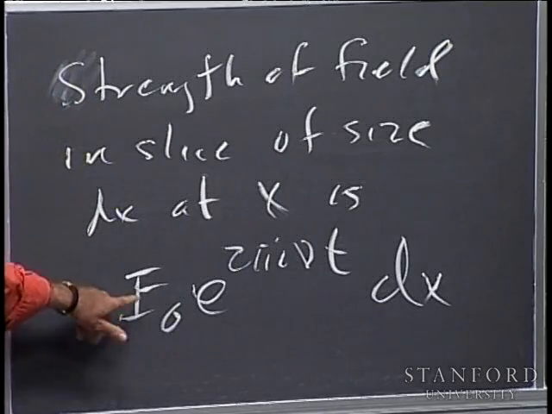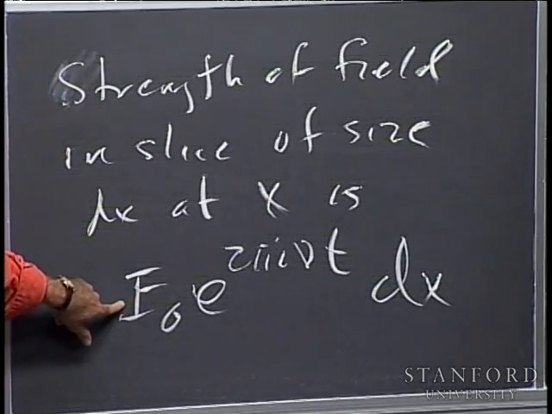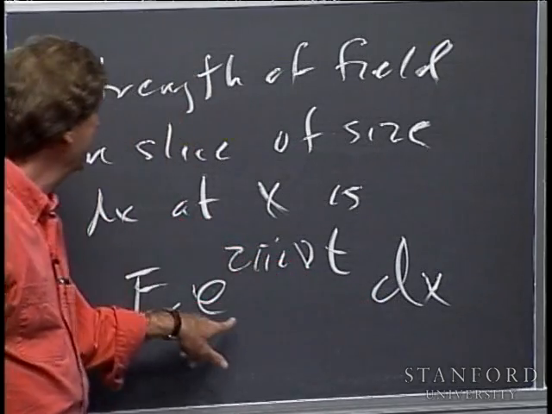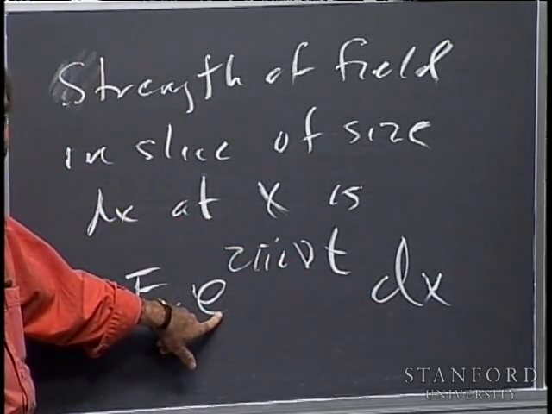So the field strength is constant on the plane, so it's E naught dx in the particular slice, and then I multiply by this time varying factor, e to the 2 pi i nu t. Okay?